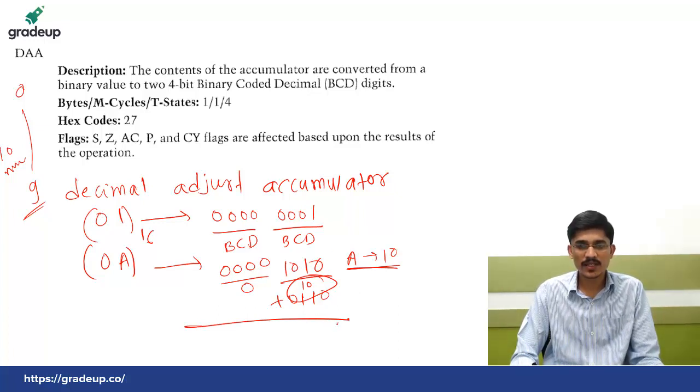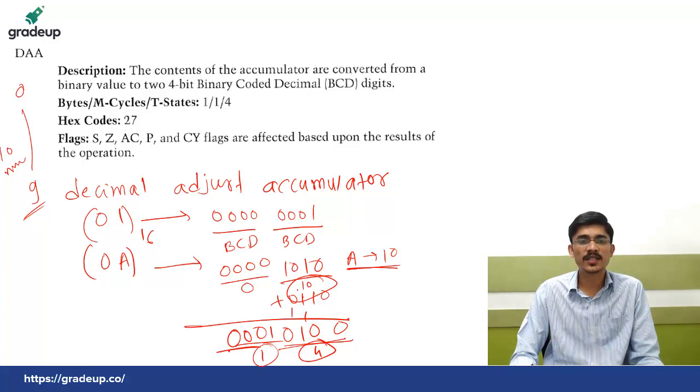See what is happening: 0 1 1 0 1, and again 1 is generated, 1 1 0 and 1. So this is the result. This is 4 and this is 1. So this is a valid BCD.